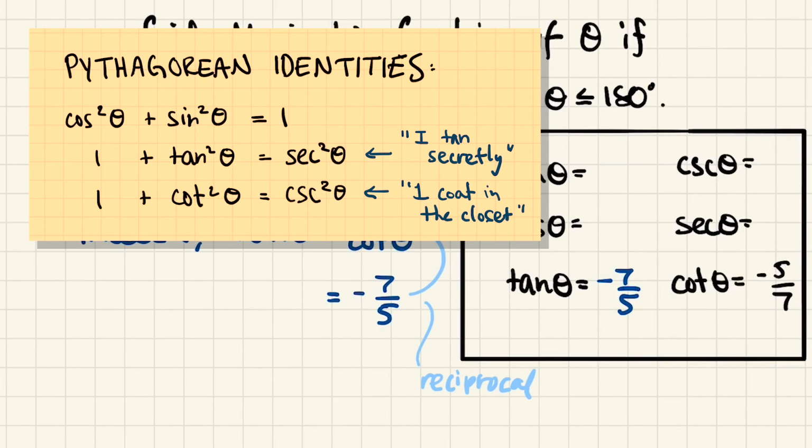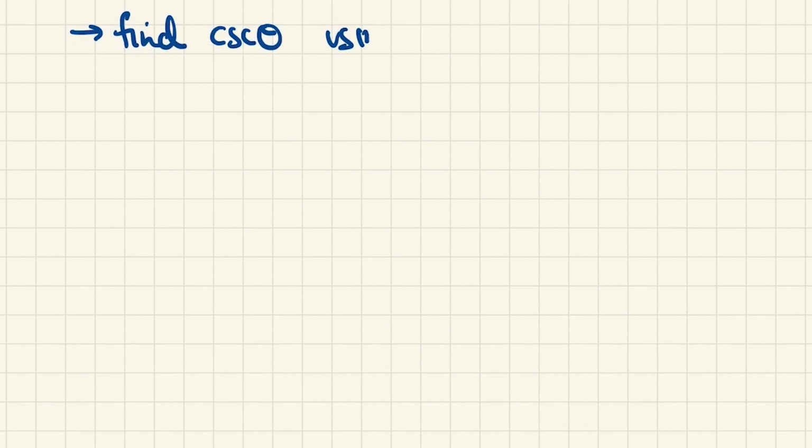In this case, we were given cotangent. So let's use that Pythagorean identity there, 1 coat in the closet, and we'll use that to find cosecant.